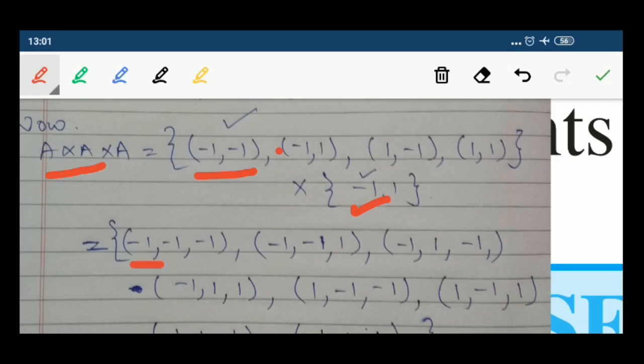You can see what we get here. In the same way, again you will take this element (-1, -1) and place it with this one.